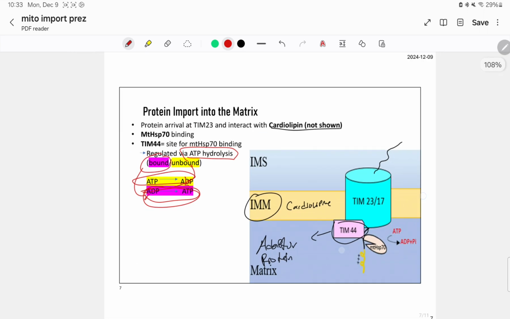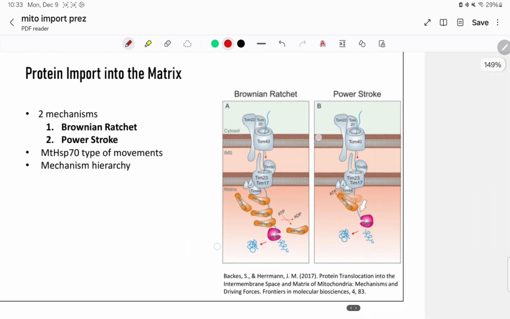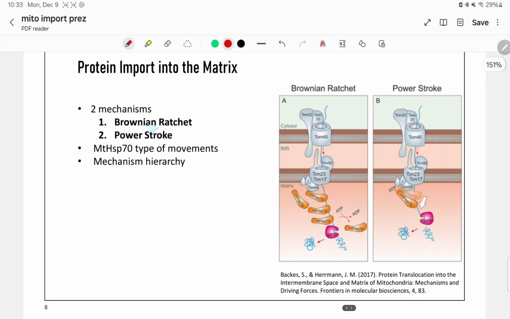But how does this mitochondrial HSP70 actually pull in that protein? Well, there are two mechanisms that it uses. It can use what's known as a Brownian ratchet and a power stroke, okay? And it's depicted nicely here. So now, how do these mechanisms work? First of all, it's proposed that these two mechanisms are not mutually exclusive and they may actually happen together.